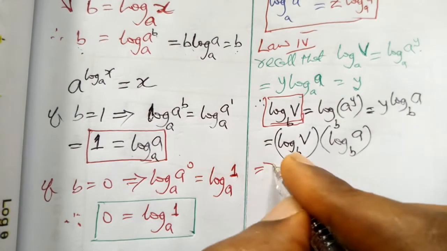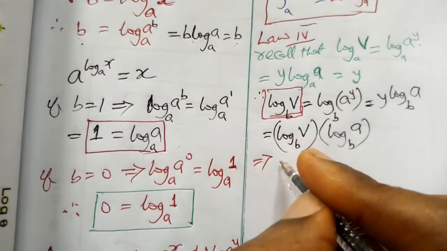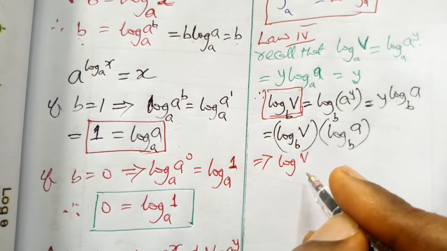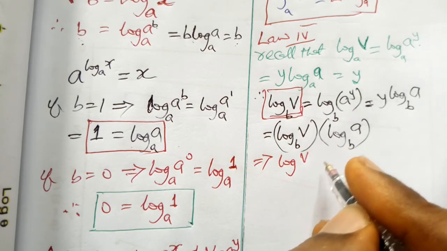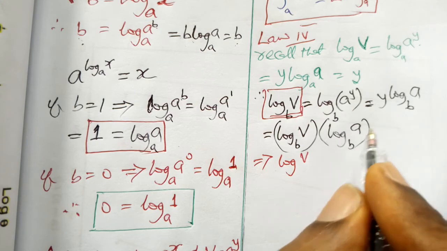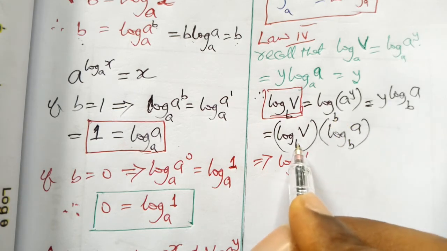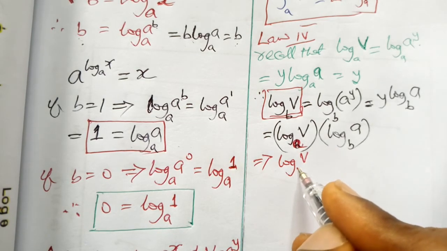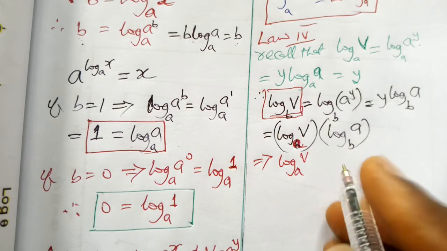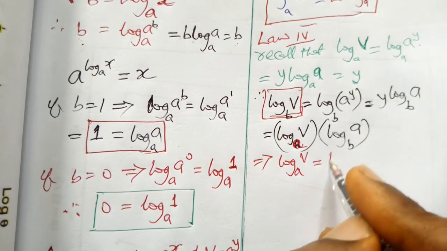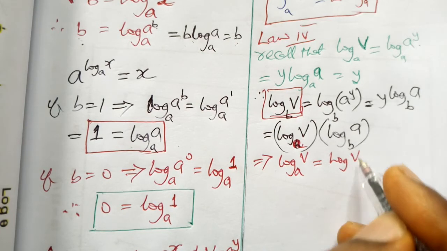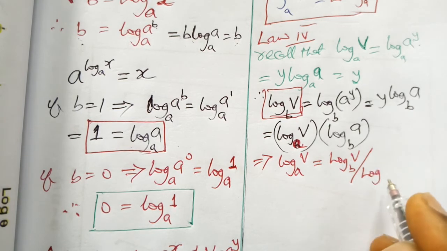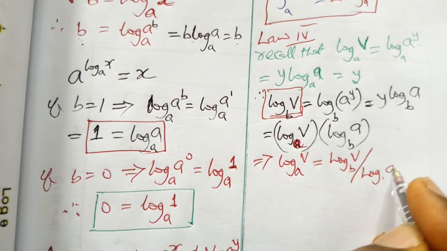This implies that log v base a is equal to log v base b all over log a base b.